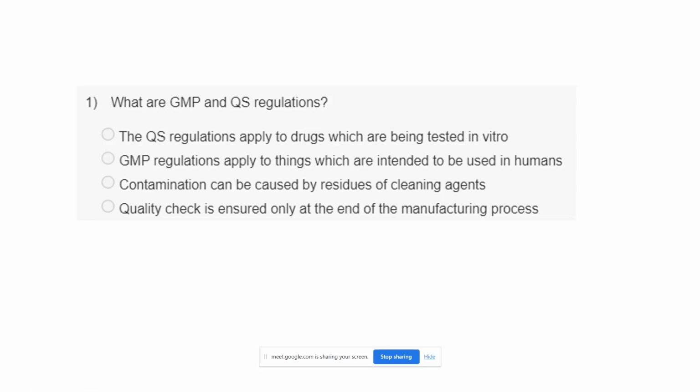Okay. So this was the first question. What are GMP and QS regulations? So the QS regulations apply to drugs which are being tested in vitro. GMP regulations apply to things which are intended to be used in humans. Contamination can be caused by residues of cleaning agents, and quality check is ensured only at the end of the manufacturing process. So the correct option here would be GMP regulations apply to things which are intended to be used in humans.